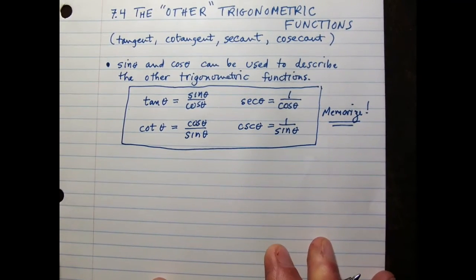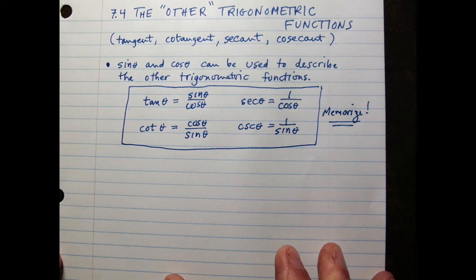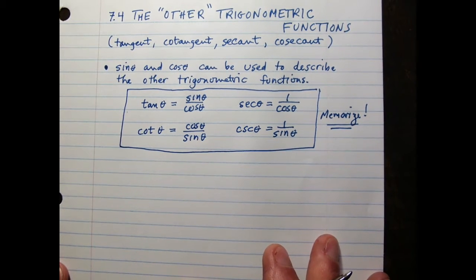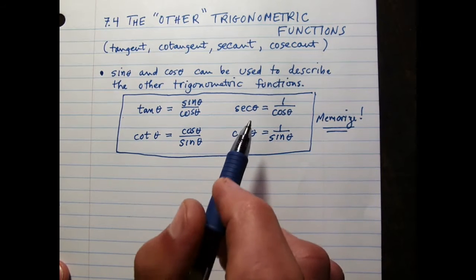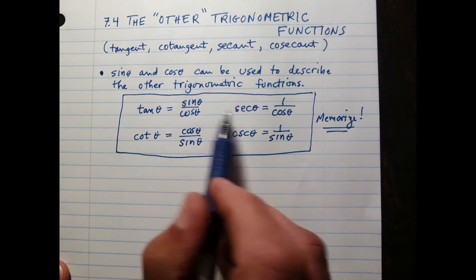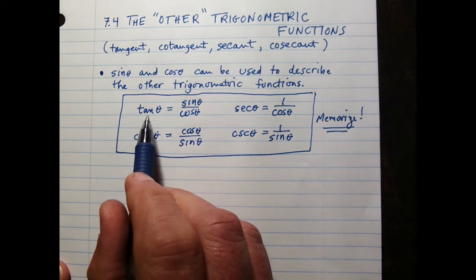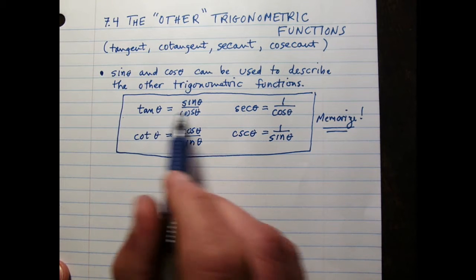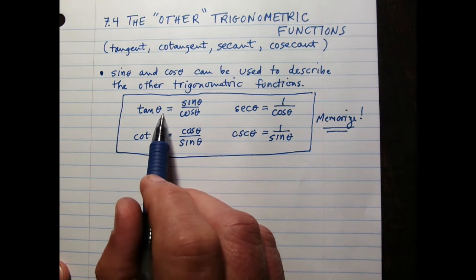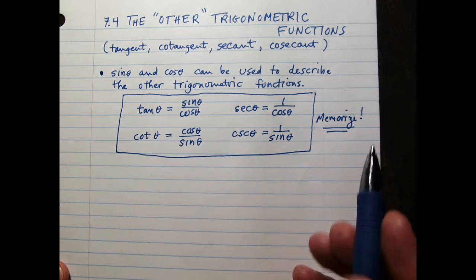Now, there's a handout that I'm going to post in Canvas where I talk a little bit about why we use the words tangent and secant, because there's a tangent line. You can talk about a tangent line to a circle or a secant line to a circle. The handout explains why these words are used.